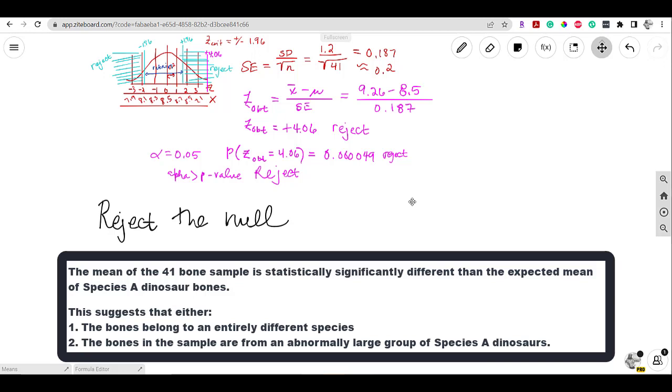It's not normal. He was just this randomly large species A. So it can't tell us for sure, but right now it was definitely bigger. So it's one of those possibilities. Either it's a humongous species A or it's a completely different species.